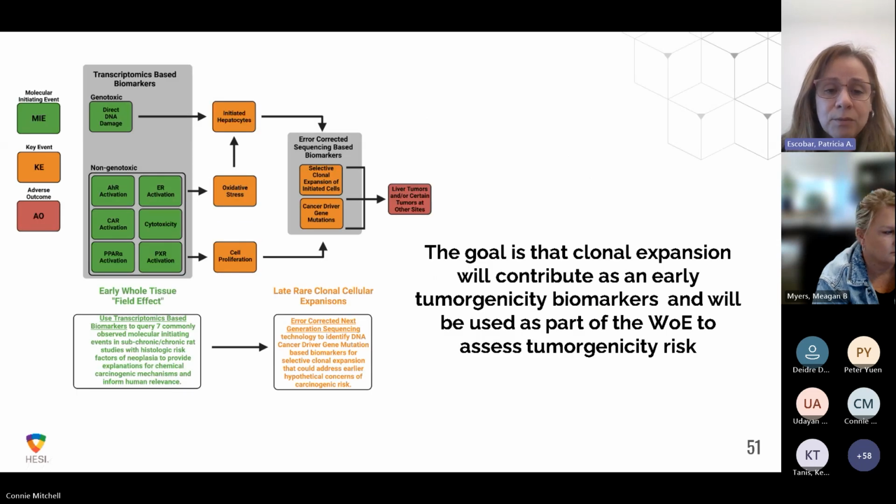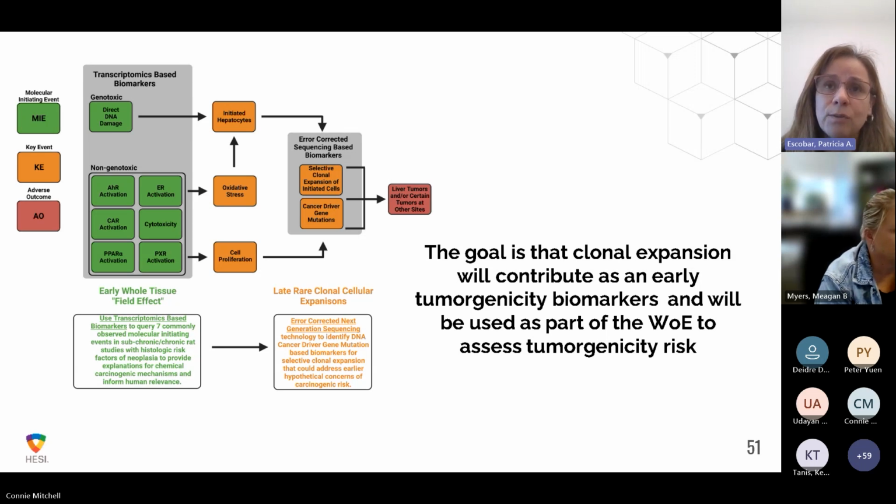So, and I assume you have seen this before, the paradigm of what we're trying to do. How can we understand better or predict better the potential of liver tumors, and how we want to have biomarkers to do that. So Keith talks a lot about this clonal expansion or these transcriptions and biomarkers with that. And then what we're trying to do in our entity is get cancer driver gene mutations, and see how if we can see clonal expansion of that can also help.